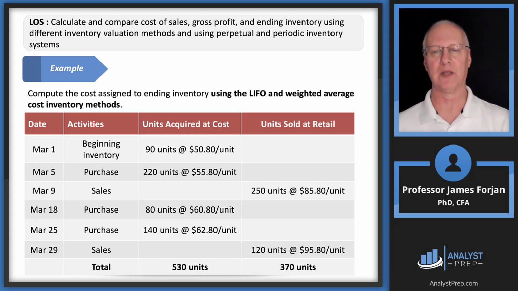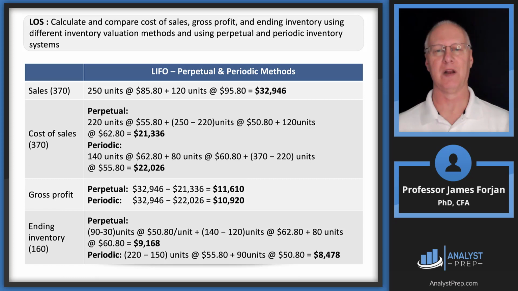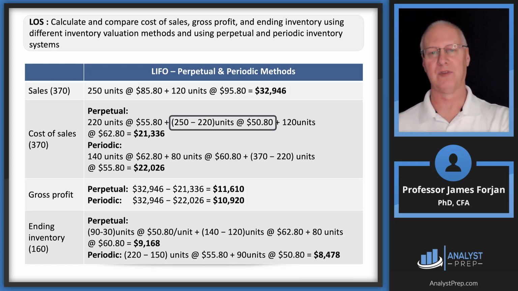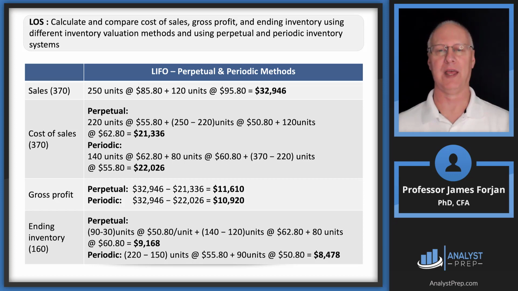So of the 250 sold, we sold 220 at 55.80, which means we had to dip back into our beginning inventory. So we had to have sold 30 of those 90 units at $50.80. There's the 250 minus the 220. That gives me those 30 of beginning inventory at the $50.80.